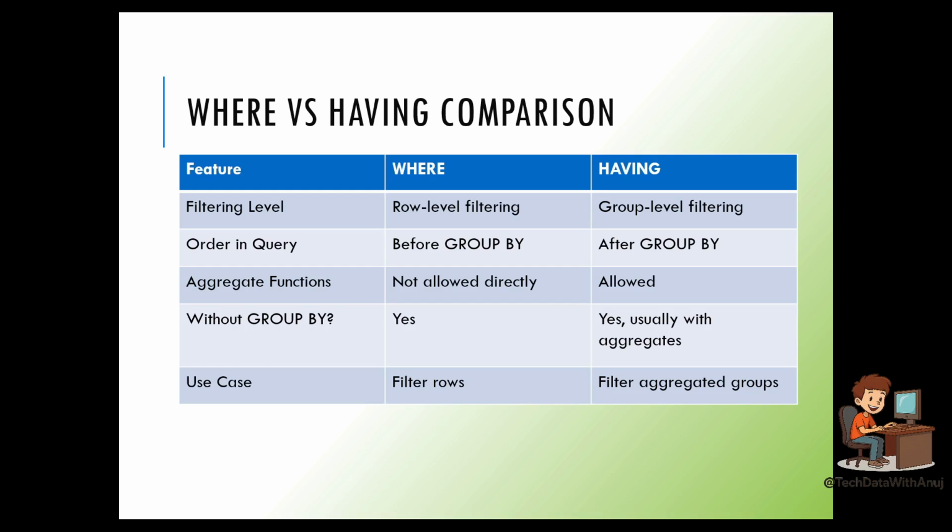If you use both HAVING and WHERE, then before the GROUP BY you need to implement WHERE. In WHERE, aggregate functions are not allowed directly, while HAVING allows aggregate functions. Without GROUP BY, yes, usually used with aggregate use cases. WHERE filters rows, HAVING filters aggregated groups.